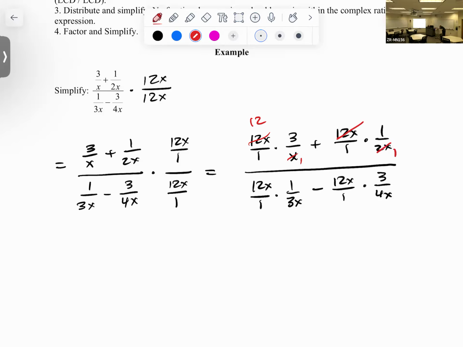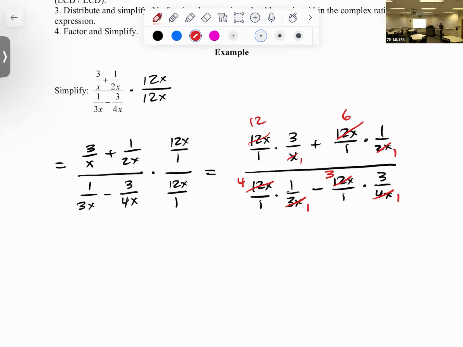So all we're doing is just each piece. 12x divided by 3x. 12x divided by 4x. Notice I'm just doing the cancellation with each of these because they are multiplied. So I can cancel where it's multiplied.